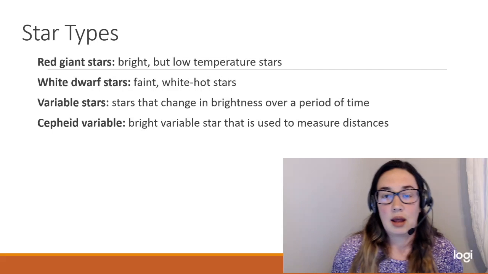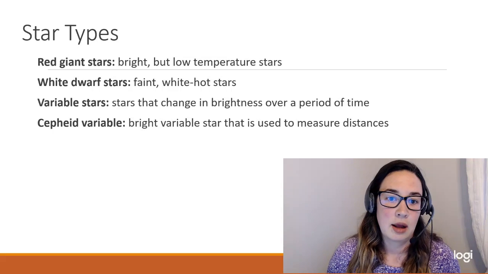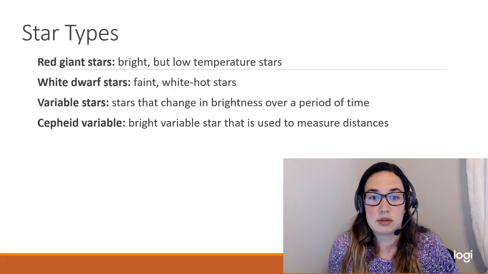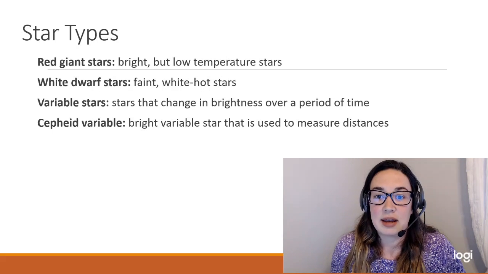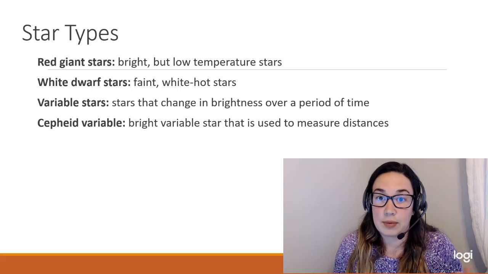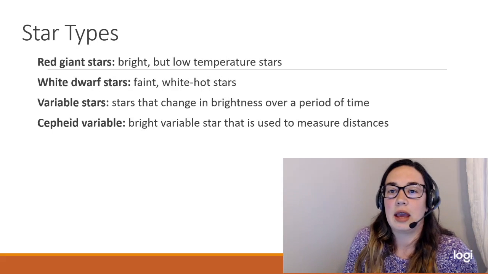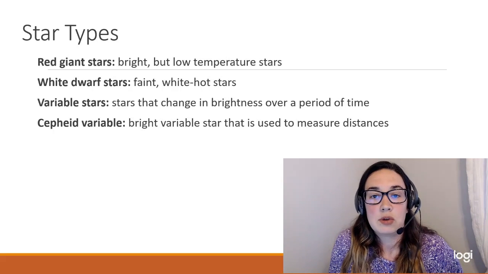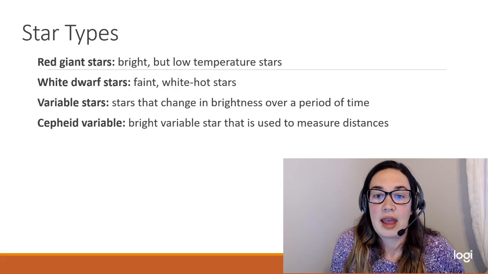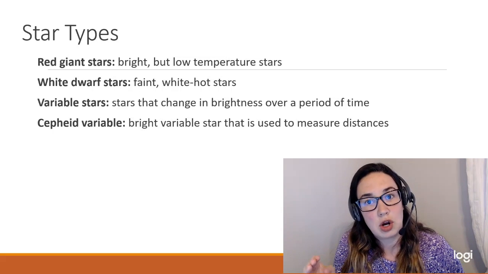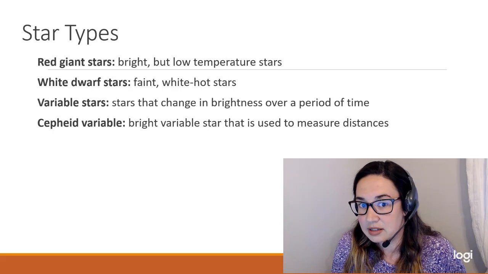So let's do some term time here and define some of the stars that we are talking about. I mentioned the red giant stars, or the red supergiant stars. They fell, if you recall, on the upper right portion of the HR diagram. So these are very bright stars, but they have a low temperature. That's why they're up higher on the chart, but farther along on the right side.